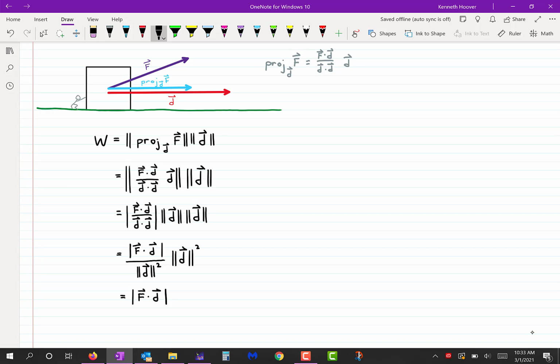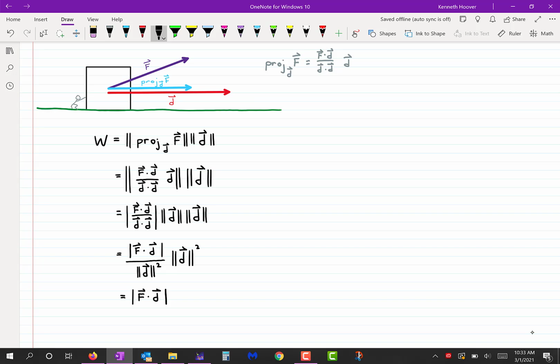Okay, now, there's something that is slightly incorrect there, and that is this: what I have written, work equals the absolute value of F dot D. That's not actually what the work equals. That is the absolute value of the work. Work can actually be negative.